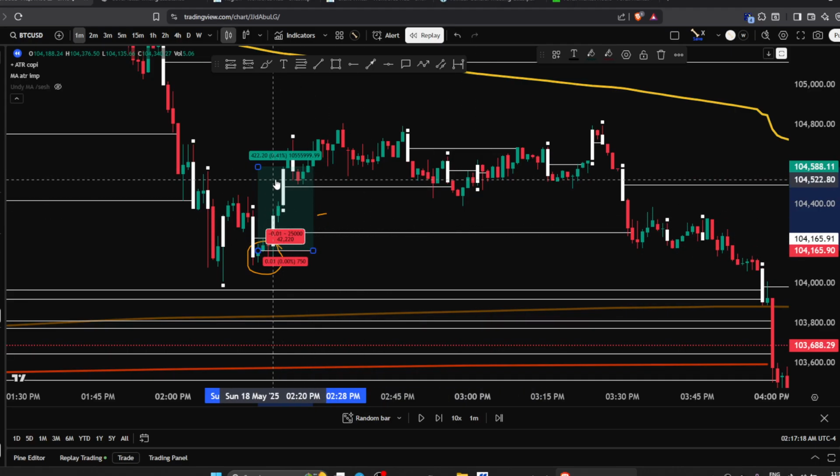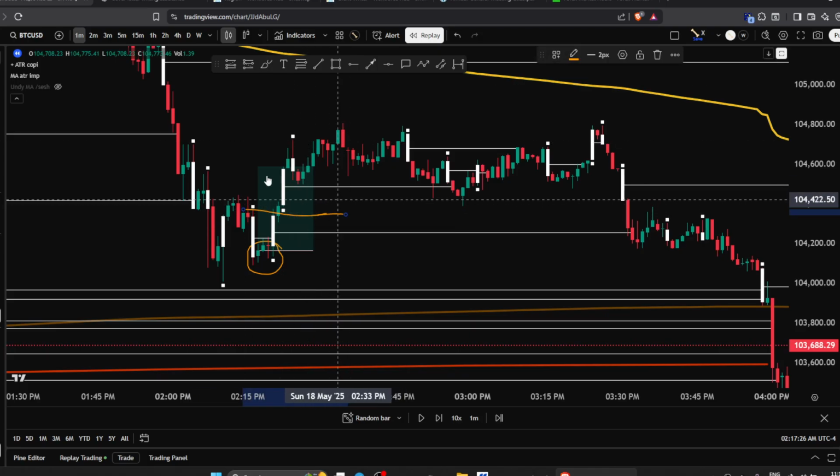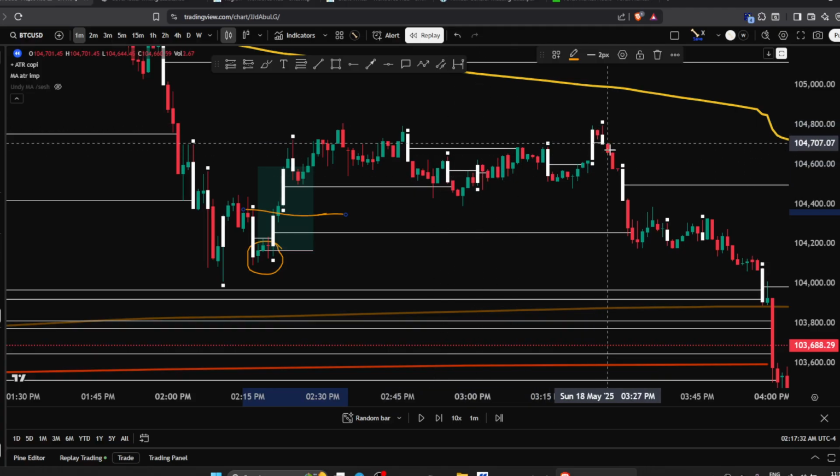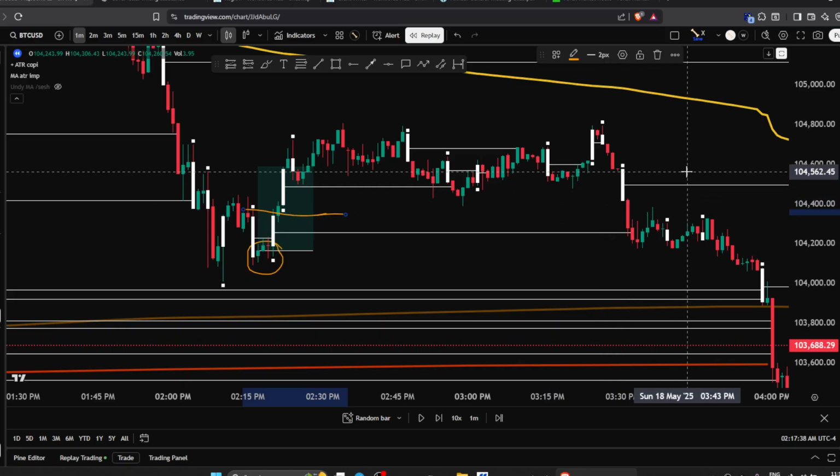So you could do that too if you want to wait until it gets to a 2R, or you could even set it so that your break even is at a 1R. So then if price goes up like this, passes this point here, and then comes back down to this level here, you get stopped out, and at least you get like a 1 to 1.